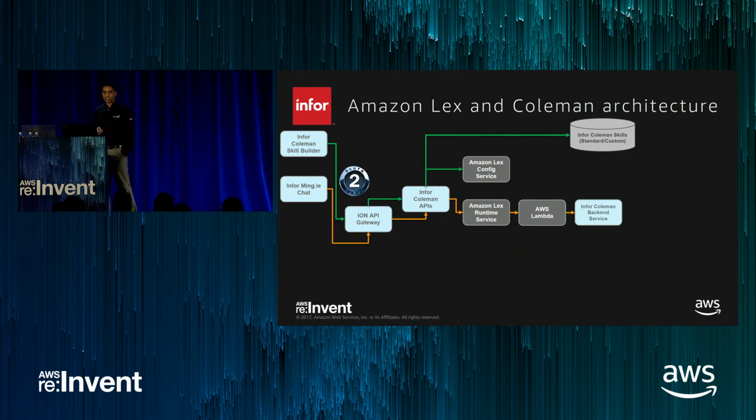That single Lambda function passes the information through our backend service, and our backend service interacts with the skill definitions, and looks into the fulfillment details as to what API needs to be executed for the incoming request. Once it figures that out, it also needs to make the call to our API gateway.